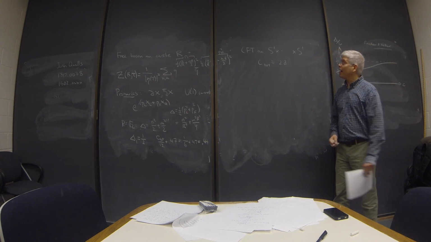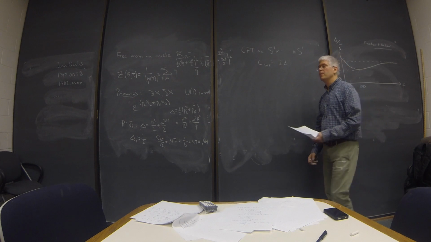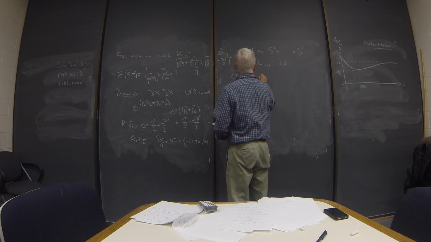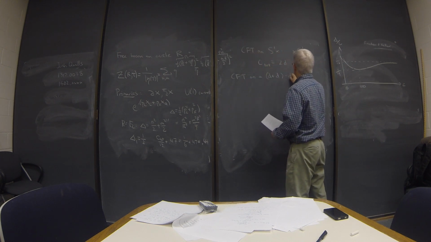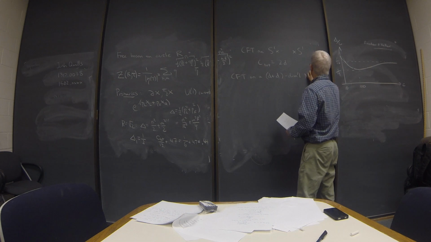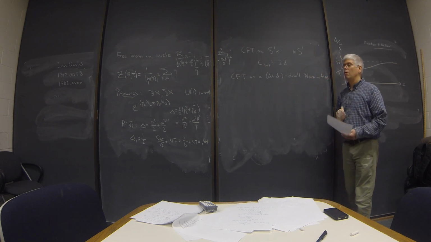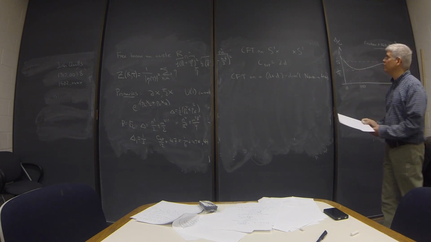I want to define the most general toroidal CFT, which is a CFT on a D plus D dimensional Narain torus, something we've all encountered in string compactifications.